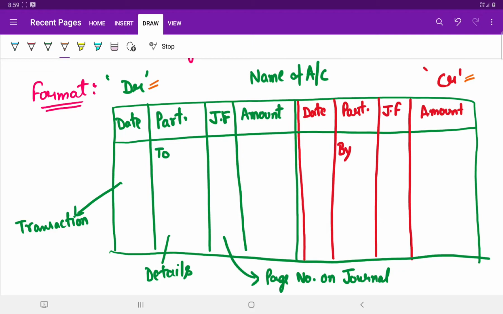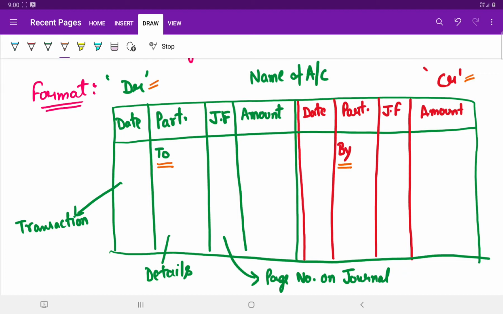The word "To" is written in the debit side entries, whereas for the credit side entries the word "By" is to be written. The first column is the date on which the transaction is recorded.